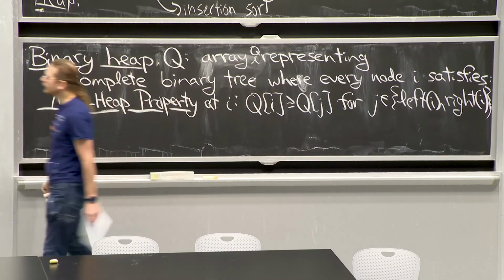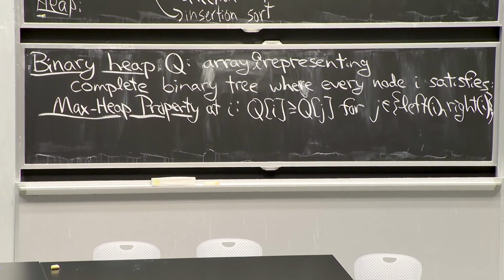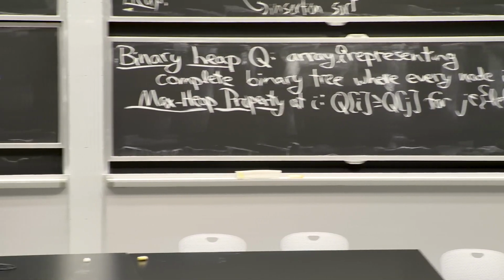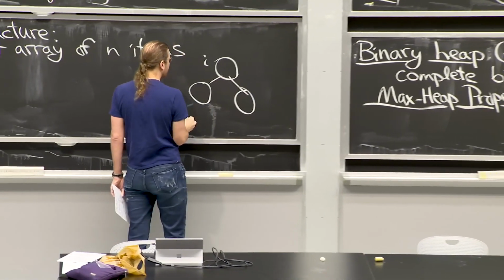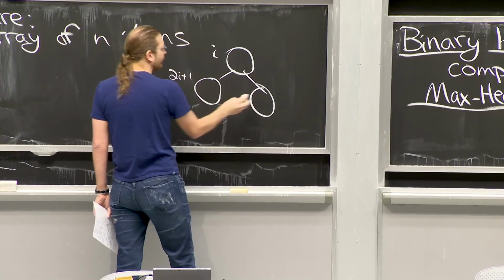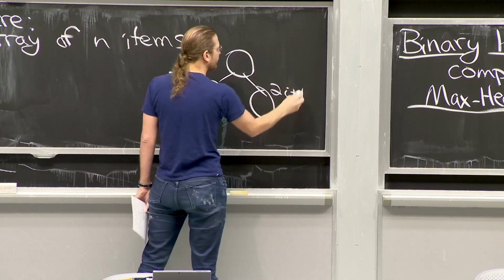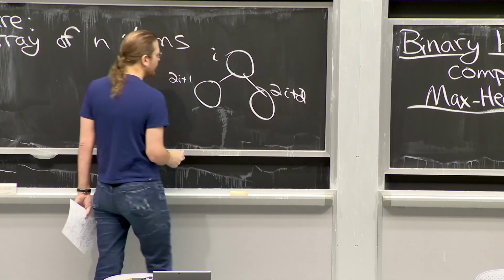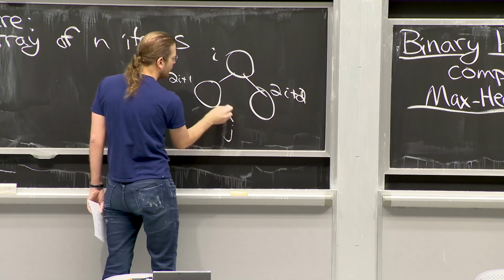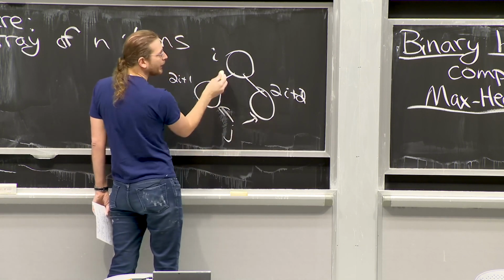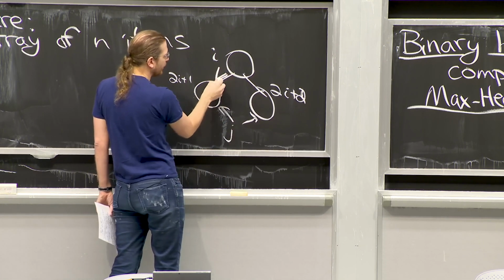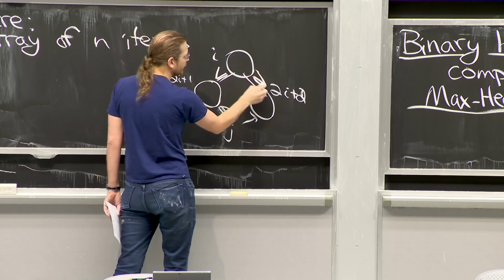Okay, so we have a node i, and it has two children, 2i plus 1 and 2i plus 2. These are our two values of j. What we want is a greater than or equal to relation here and here.